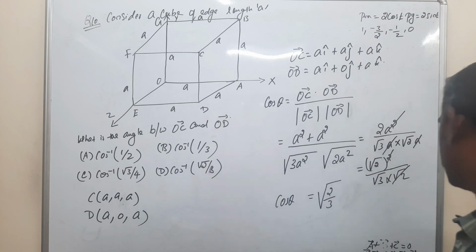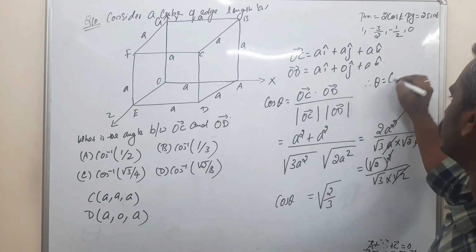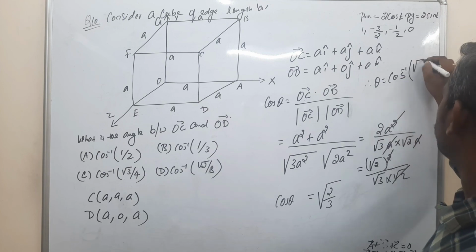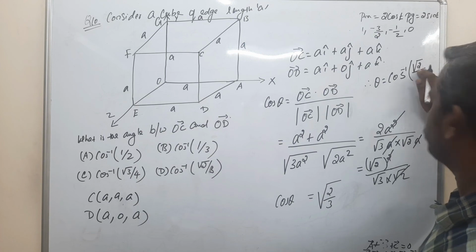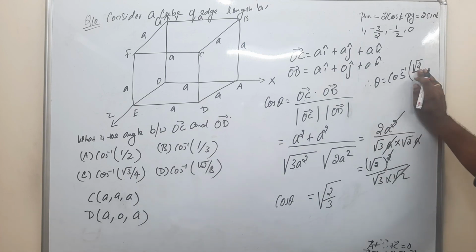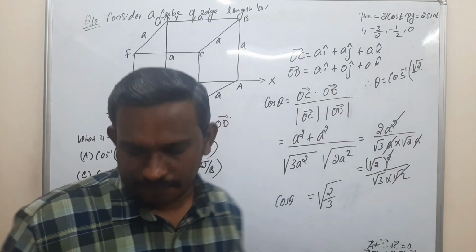Therefore theta is equal to cos inverse of root 2 by 3.